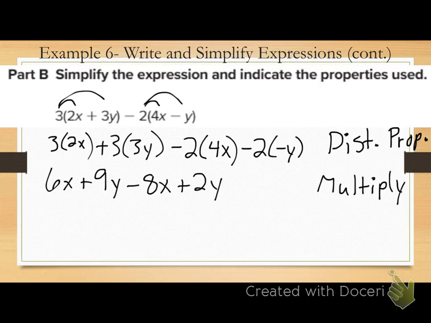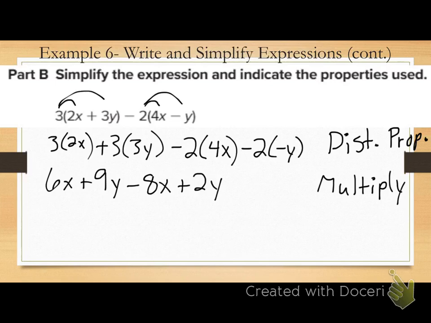What do I need to do now? Combine like terms. Yeah, so here I can combine like terms. The book wants to use all the properties that we've learned up to this point. So I'm going to move some stuff around to get my like terms by each other. Do you guys remember the property that I use when I'm moving things around in a problem? Associative?